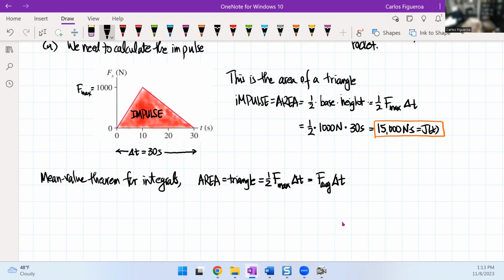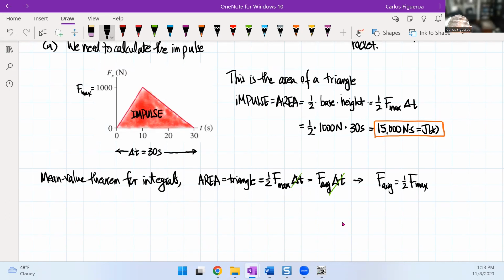In other words, when I focus on these two right here, for a triangle, if I cross out the times, what this really gives me is that the average force is equal to 1/2 F max.